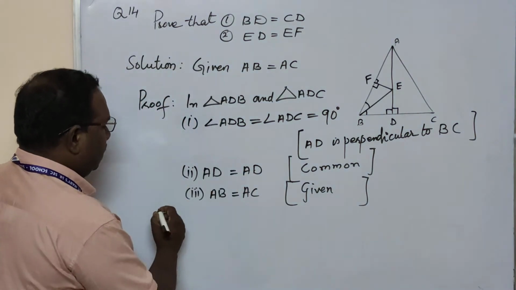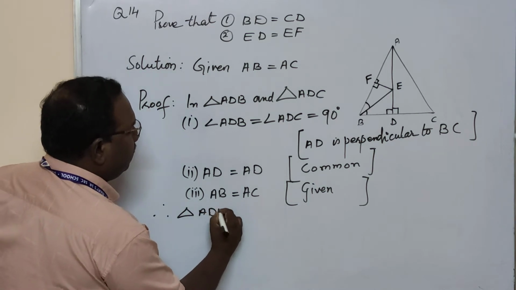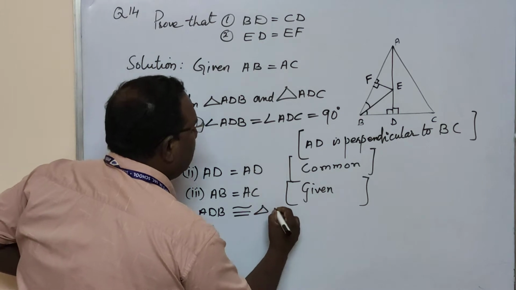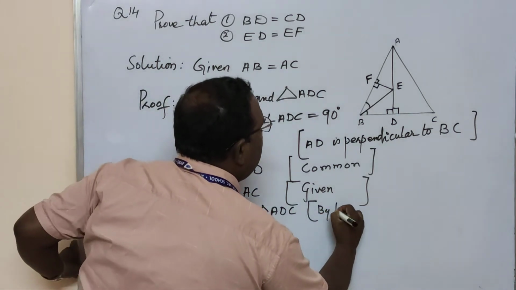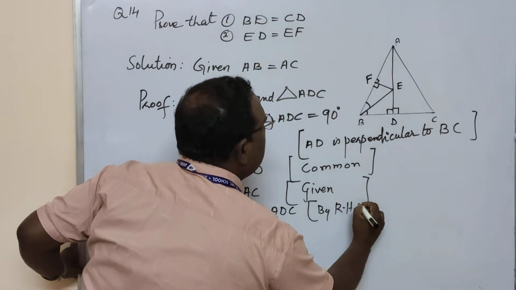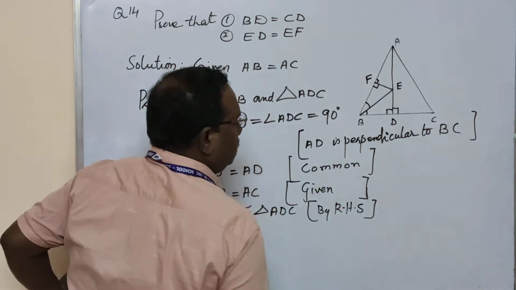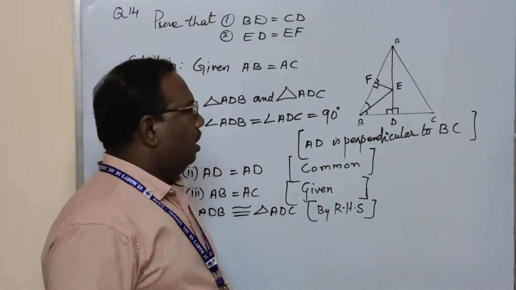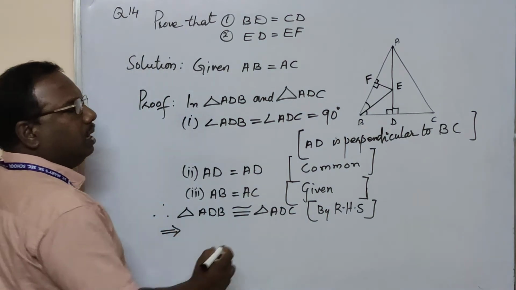So let's write here. Therefore, triangle ADB is congruent to triangle ADC by RHS, which implies, what can you write?